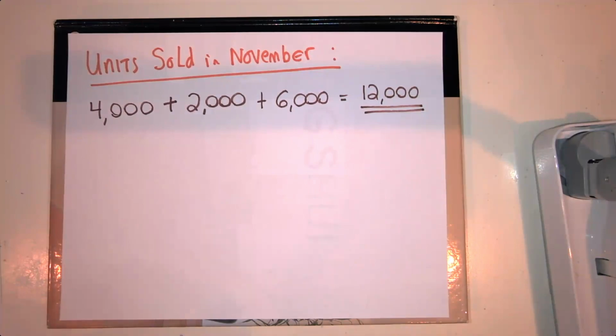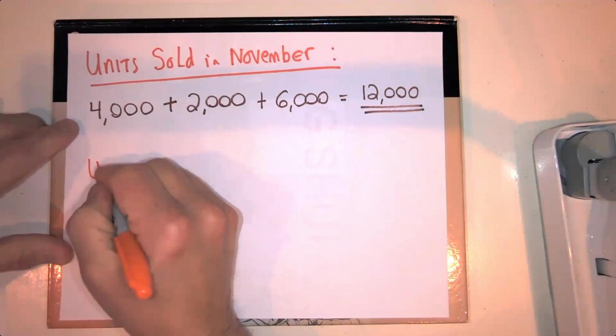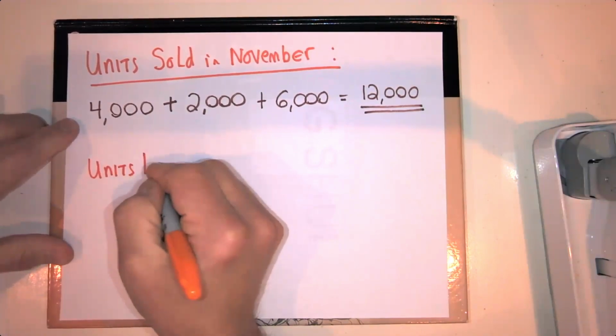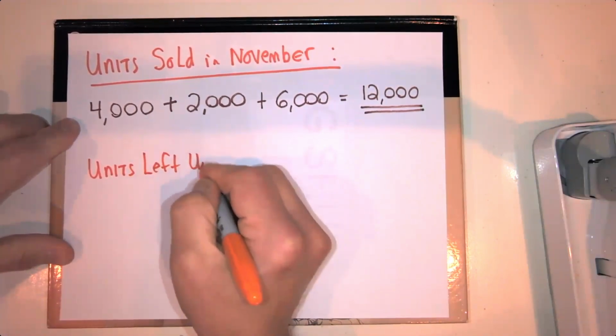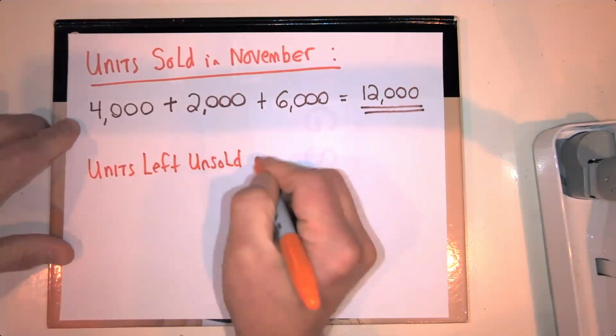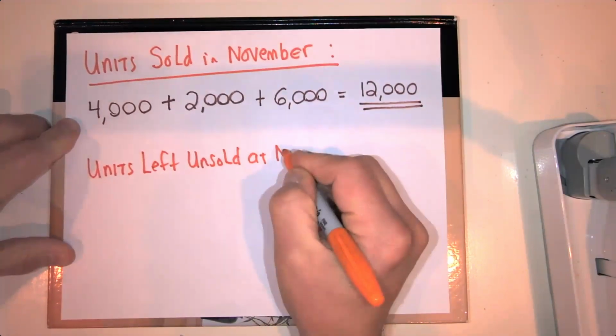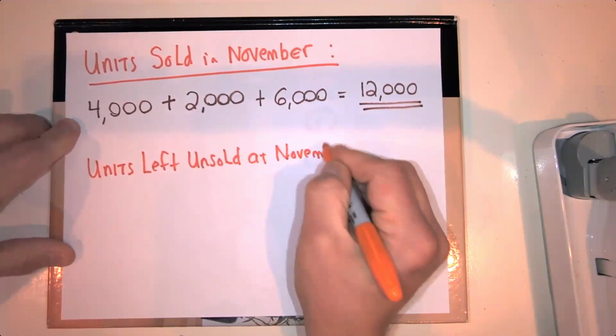The other calculation that I think we need to do before we can start actually answering the requirements. Let's figure out how many units we didn't sell. What do we still have left at the end of November? Let's calculate the units left unsold at November 30th, the end of the month.